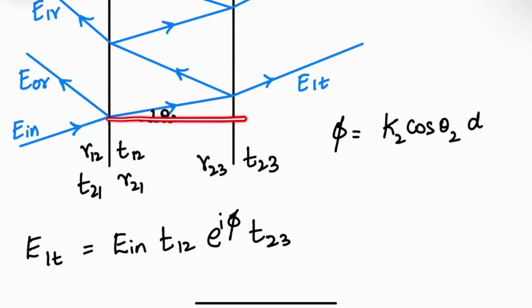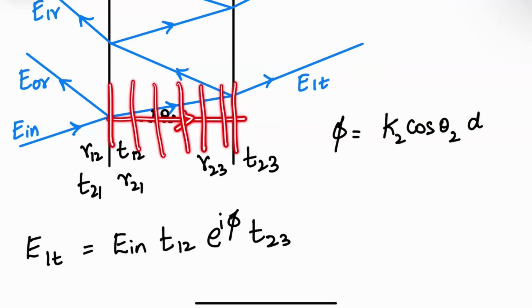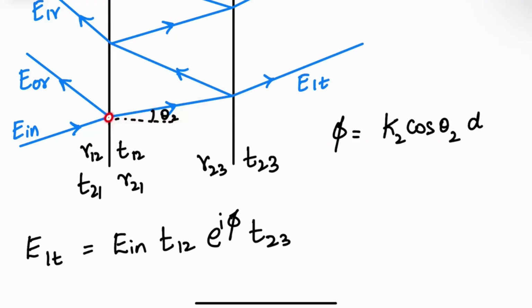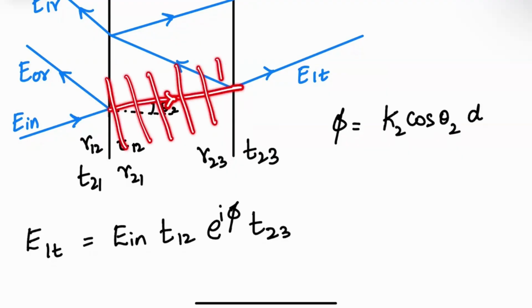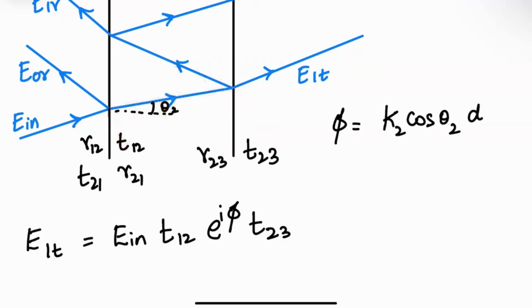Whereas the plane wave going in this direction accumulates phase in this direction. So you're not really looking from this point to this point, you're looking actually from this wavefront to this wavefront, because this ray represents a complete plane wave. So it's kind of important to understand why that's the case.